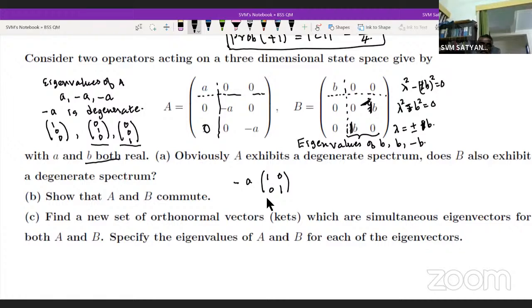What I'm trying to say here is, if you have a block matrix like this, with a 1 by 1 block and then a 2 by 2 block which is identity times some constant, let's say minus A in this case, this matrix will always commute with a matrix which has a 1 by 1 block here, and here you can have anything, let's say A0, A1.